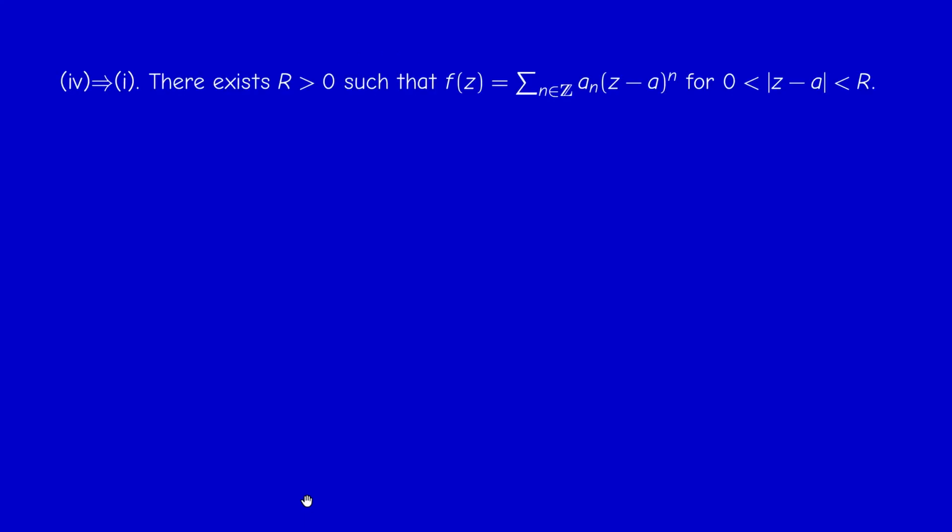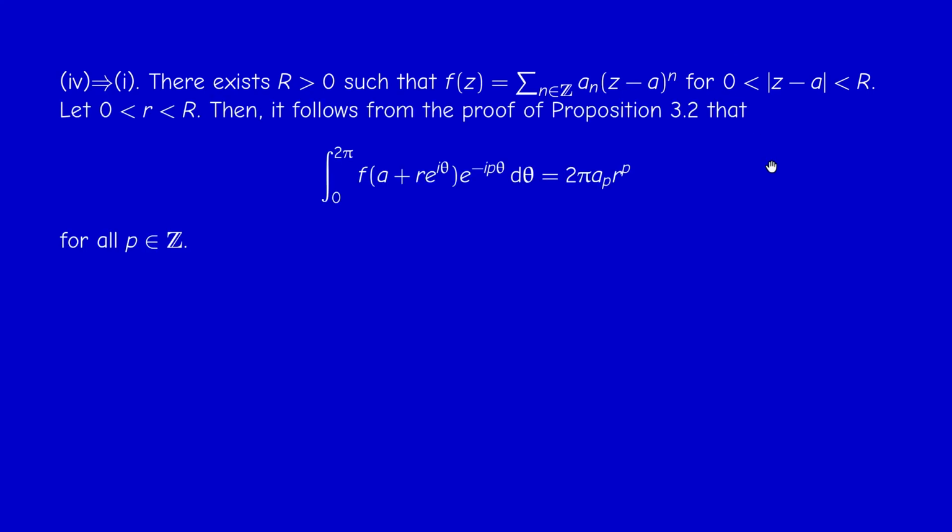4 implies 1. I expand f in a Laurent series, because I know from theorem 3.1 that I can do that in the punctured disk or in this annulus. Now if I take a circle of radius small r in the disk and do something similar to what we did in the proof of proposition 3.2 about uniqueness, then I have a formula for the coefficients.